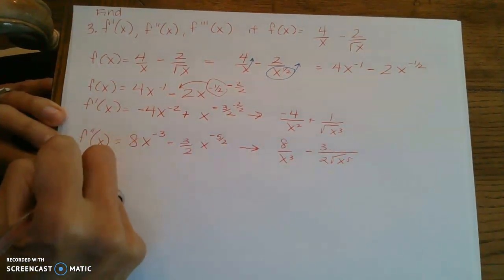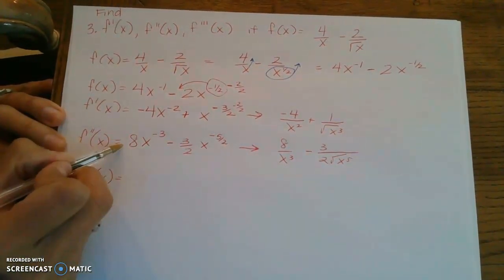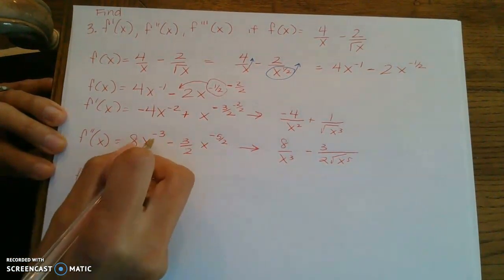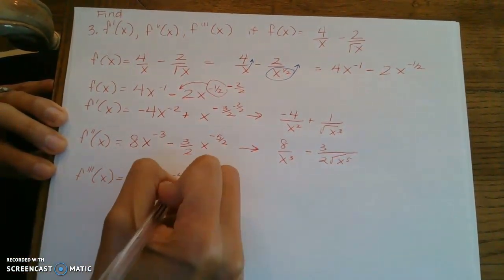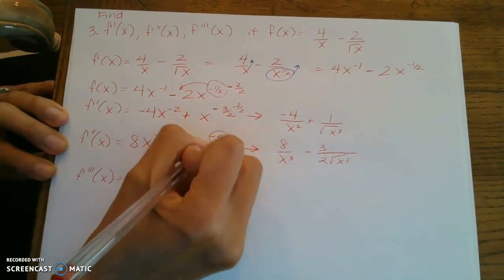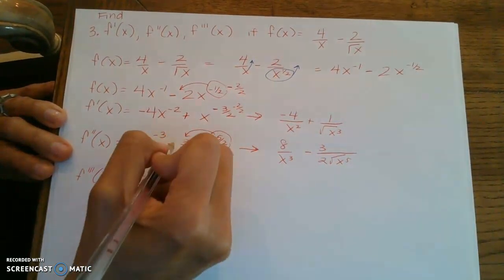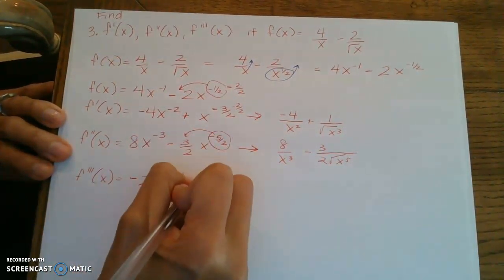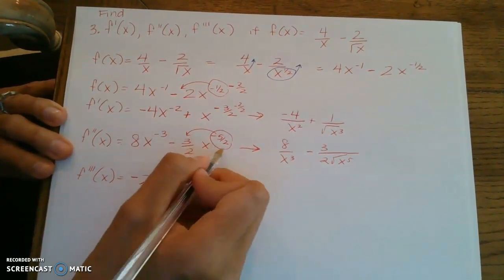But because we want to get to the third derivative, now I got to go back to this form. And when you take the derivative of that, that becomes negative 24x to the negative 4 minus, this gets multiplied in front. And guys, multiplying with fractions is really important. Negative times a negative, it's going to be a positive. 5/2 times 3/2, you're multiplying numerator with numerator, denominator with denominator.